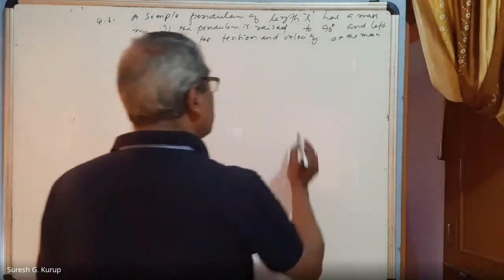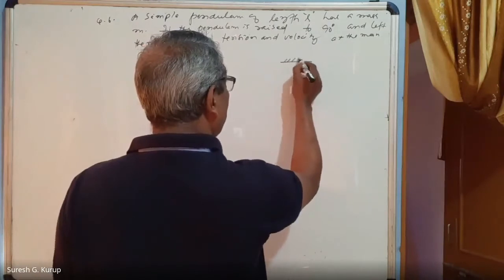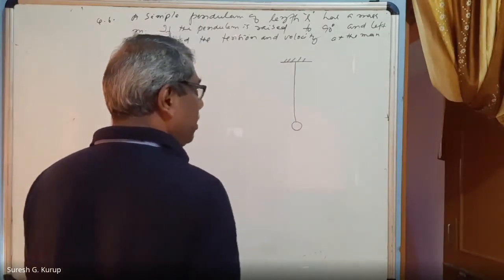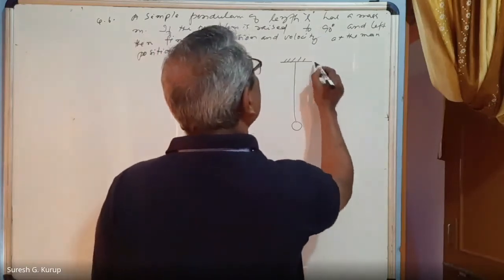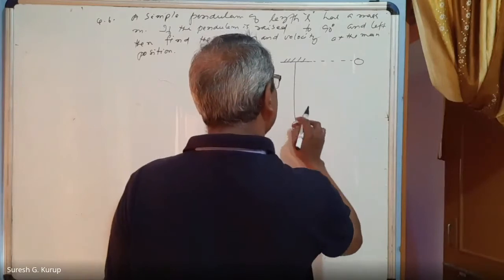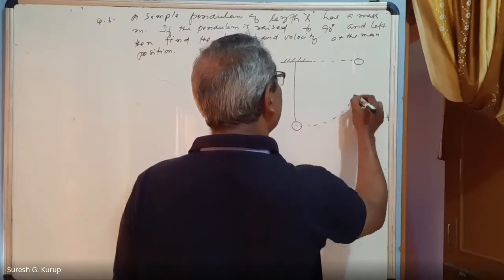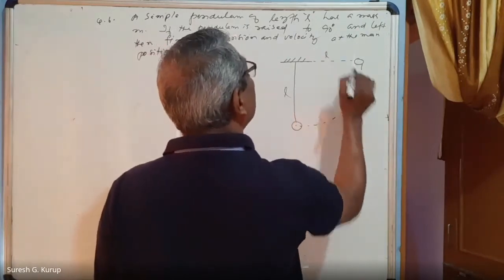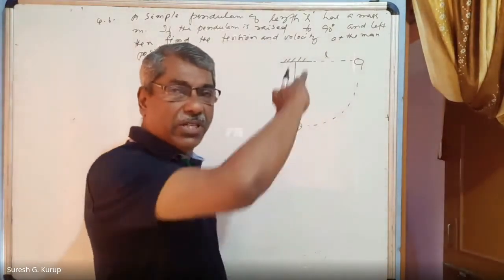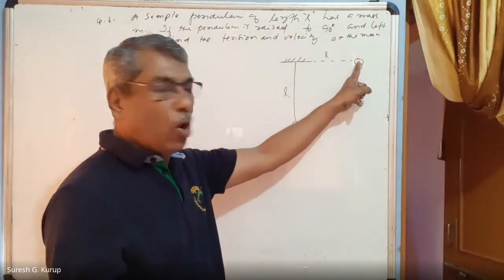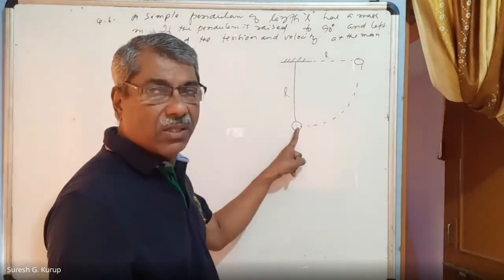Right. So a simple pendulum I am drawing here to make you understand. This is a simple pendulum. Now this pendulum is raised to this point and left free. This is L only, this also L only. When it is left free, it comes down from the dropping point to this point. This is the mean position.